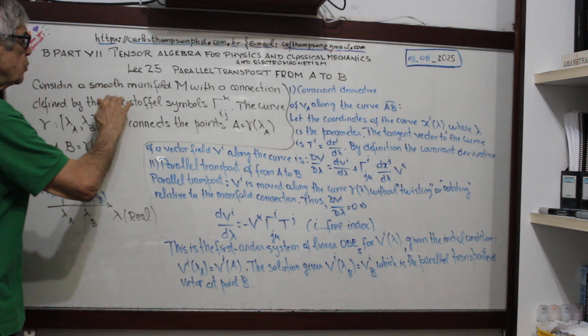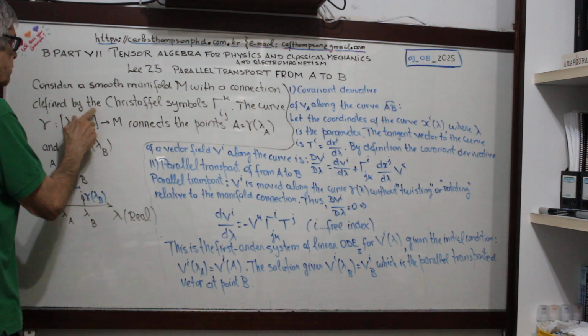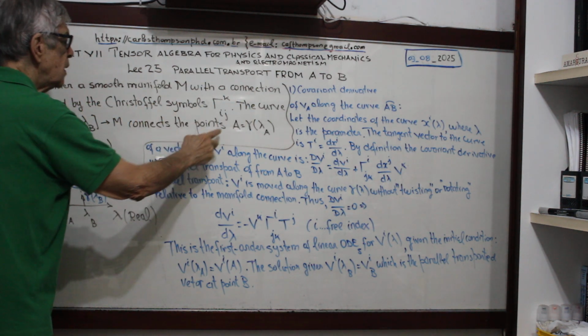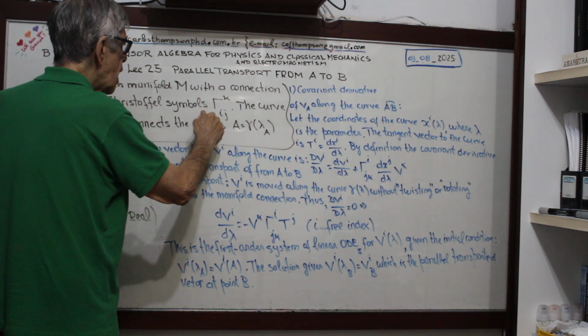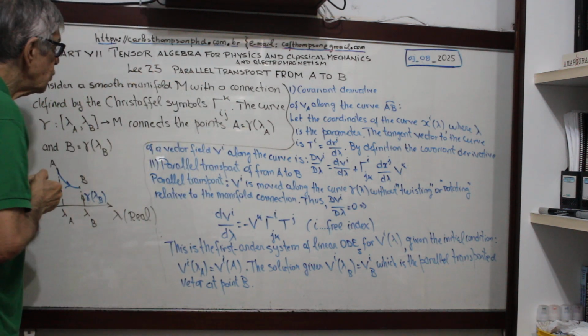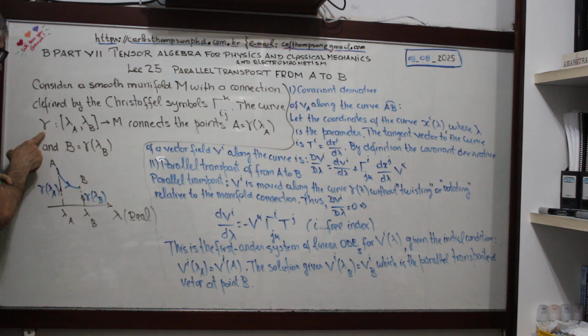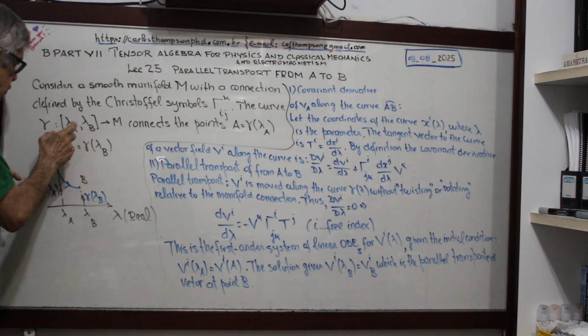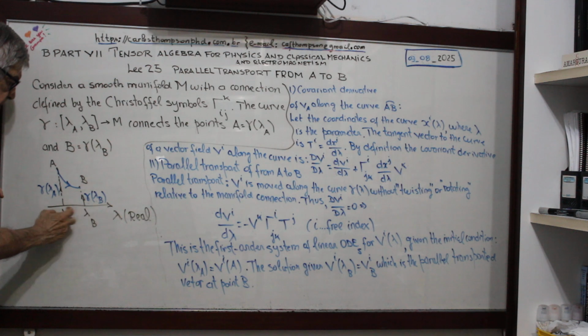Now, consider a smooth manifold M with a connection defined by the Christoffel symbols, capital gamma ijk. This is a connection. Okay, so the curve gamma from lambda A to lambda B. Attention, lambda A and lambda B belong to the real numbers.